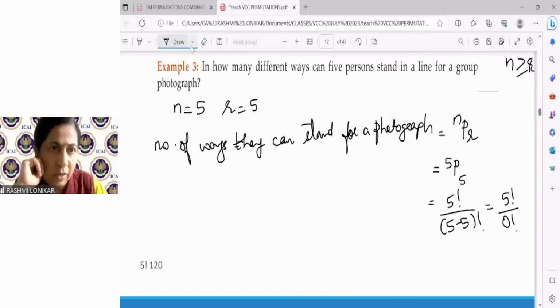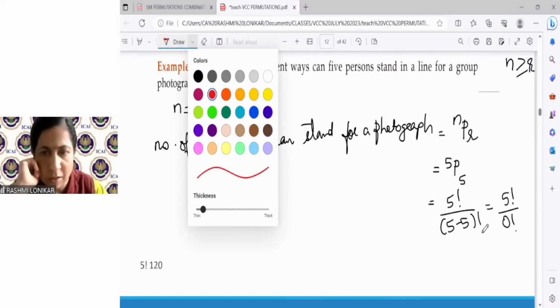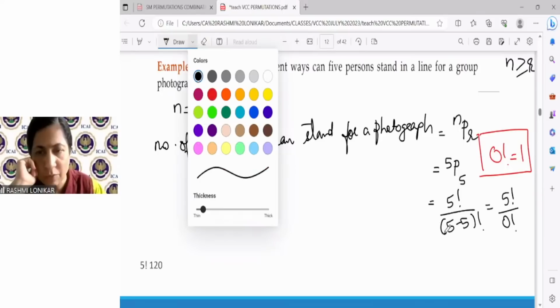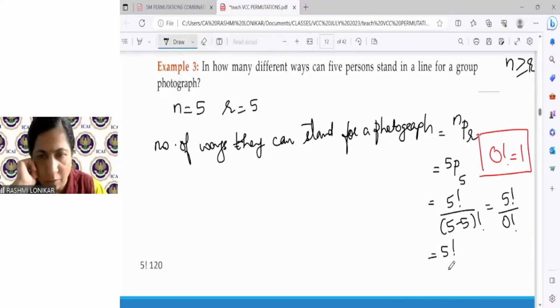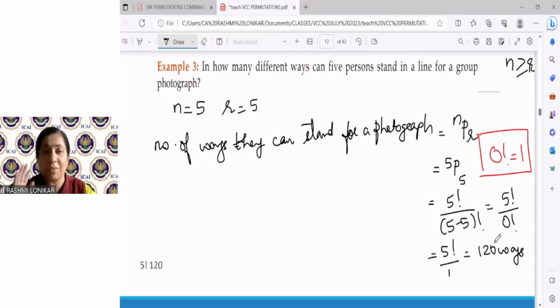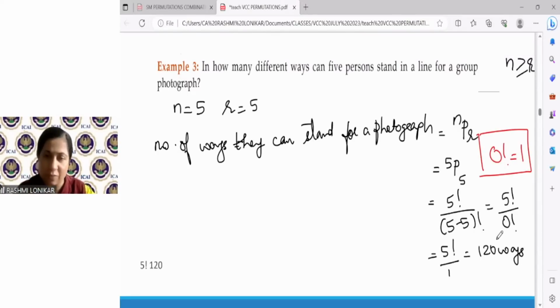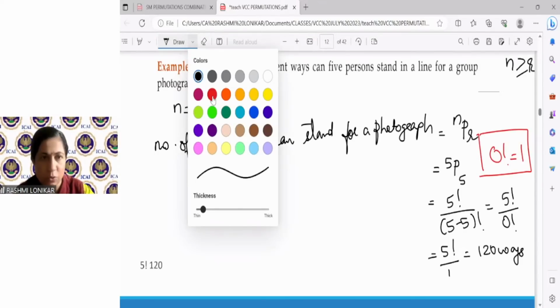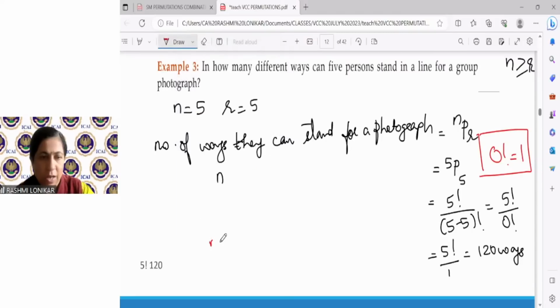Now, very important here, I must remember that 0 factorial is equal to 1. So this becomes 5 factorial upon 1. 5 factorial I know is 120. So in 120 ways, 5 people can stand for a photograph.